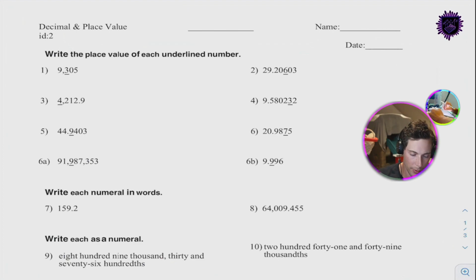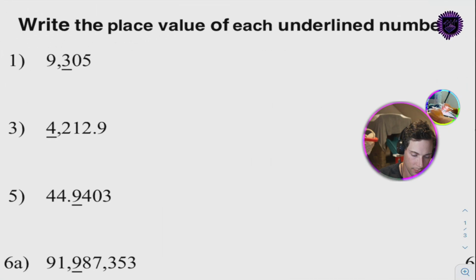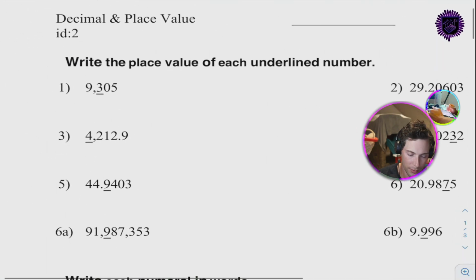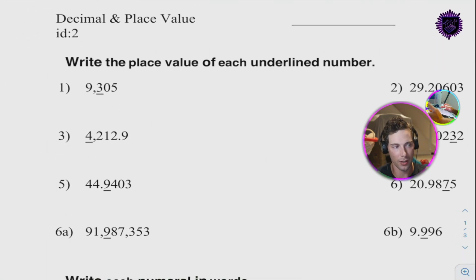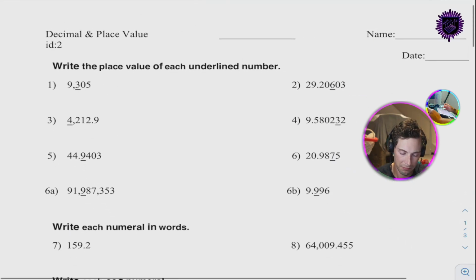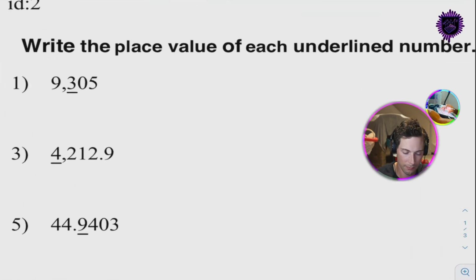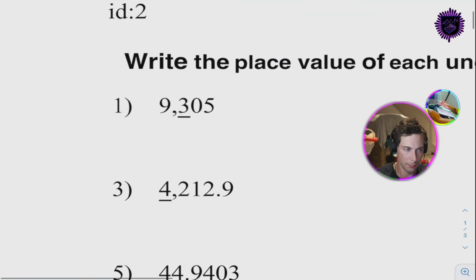Okay, so question number 1. We are doing write the place value of each underlined number. It's fairly straightforward. There's 6 or 8 questions, and they are some fairly straightforward place values.